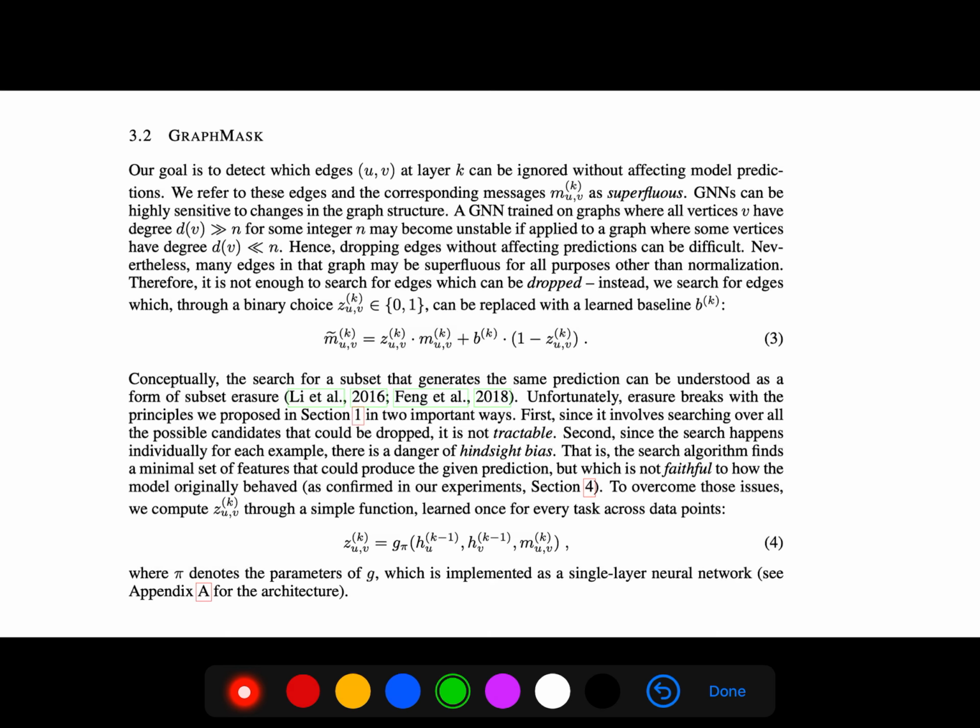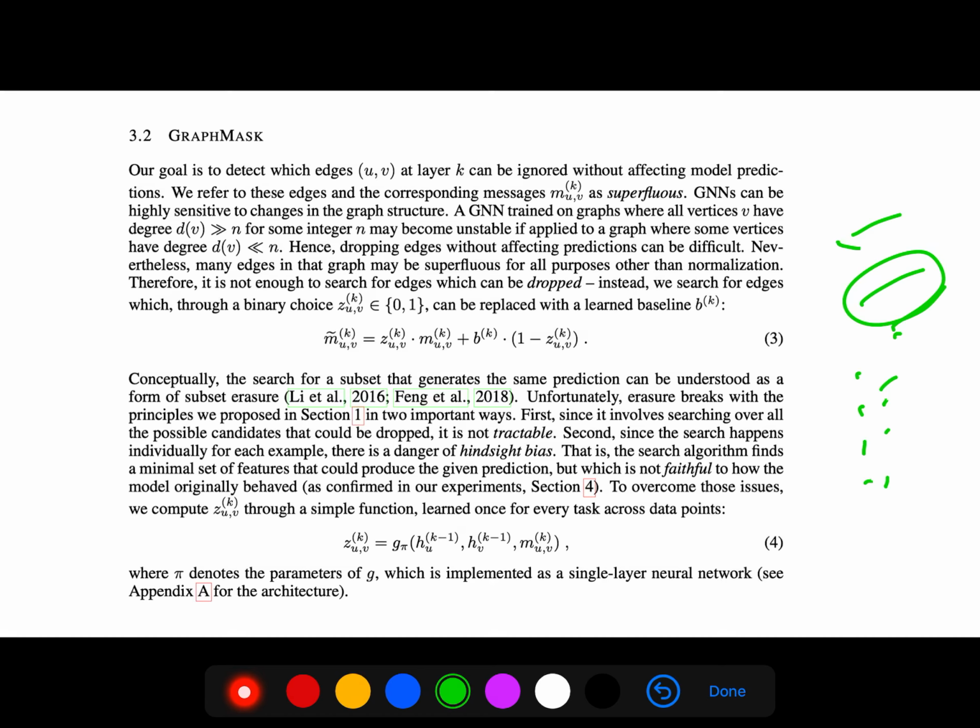There are many papers like drop edge, drop message. There are many of them, but drop message is more general. It unifies all of these dropping methods. Of course, they use it for the over-smoothing problem. So it's very common to work on these things.